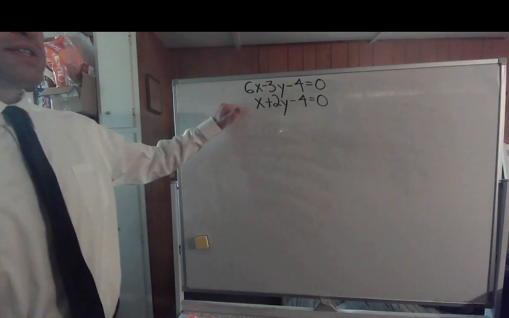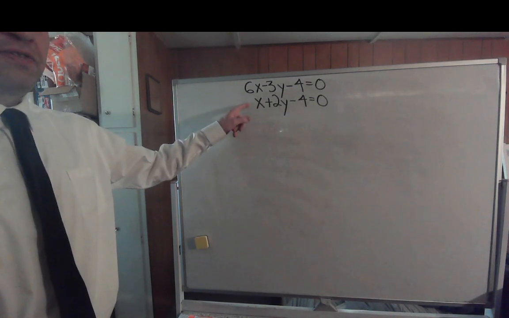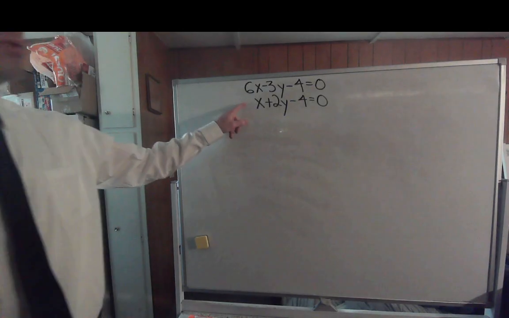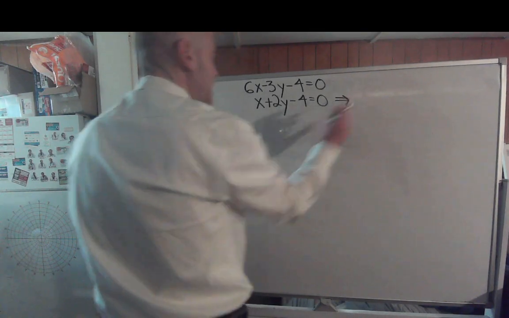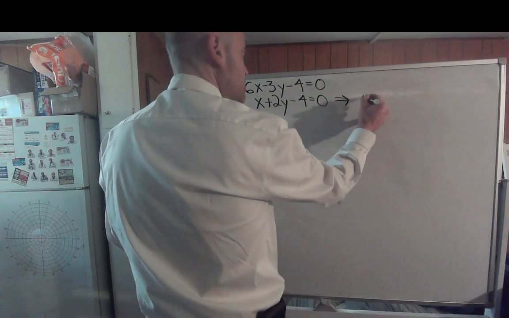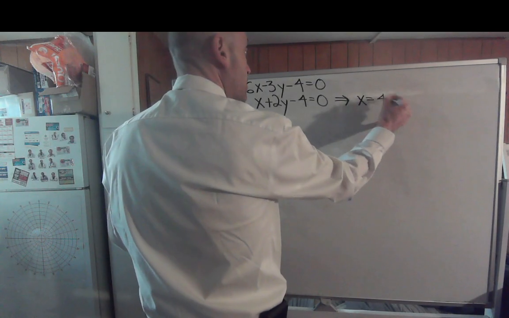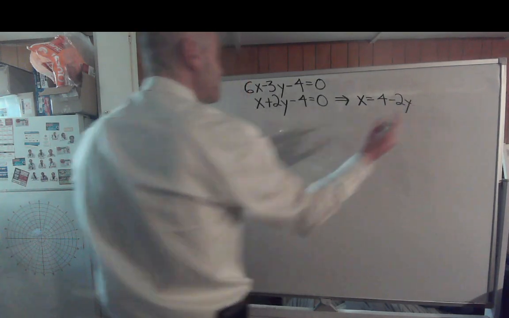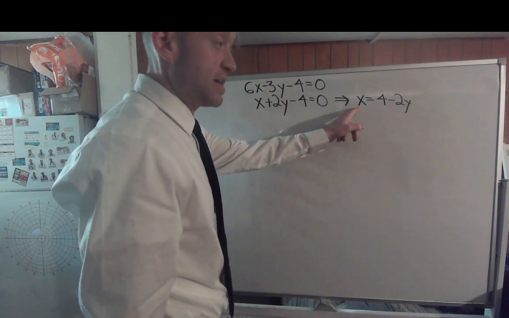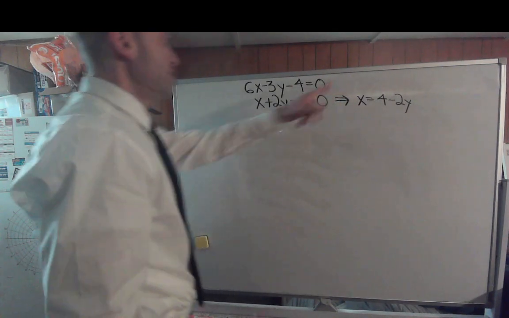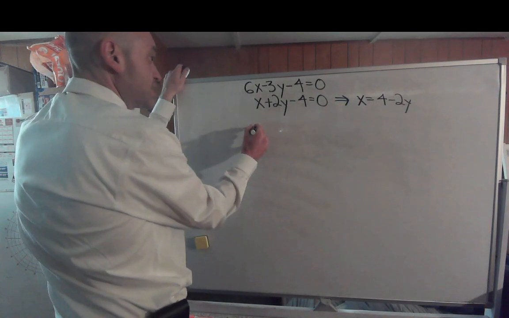If we look at the second equation, we have a coefficient of 1 on the x. So we probably want to make a substitution for x. Solve for x in terms of y. So this could turn into x equals 4 minus 2y. Now, since we got the substitution from the second equation, we will stick that into the first equation wherever we see x.